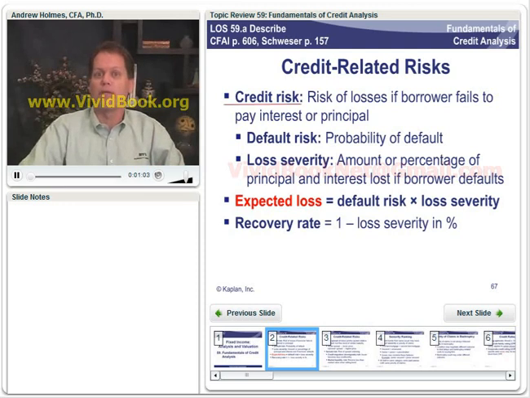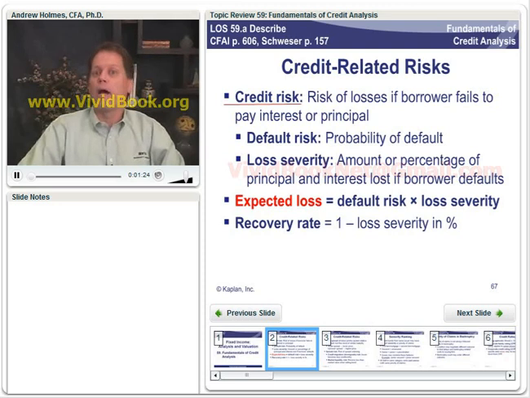So we spend a fair amount of time thinking about credit risk. It's just something that is on the minds of lenders, right? We're lending money, and the idea that the money's not going to be paid back is something you're going to worry about on some level. So this is a primary risk on most people's minds.